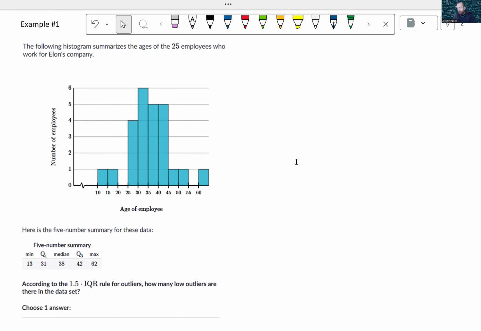And outliers can also skew our data if we have a fair amount of them. They can pull the median or the mean up or down, depending on the number of outliers that there are. And so we use this rule called the 1.5 IQR rule.